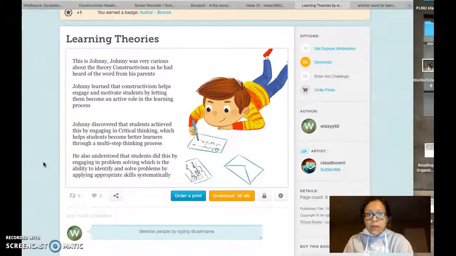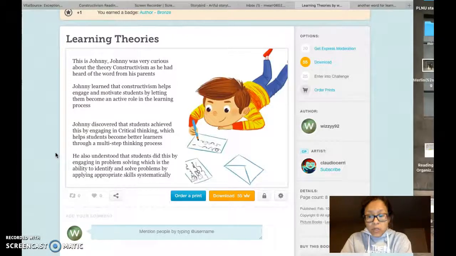Then we have critical thinking, which helps students become better learners by applying a multi-step process that is usually used in a classroom setting.